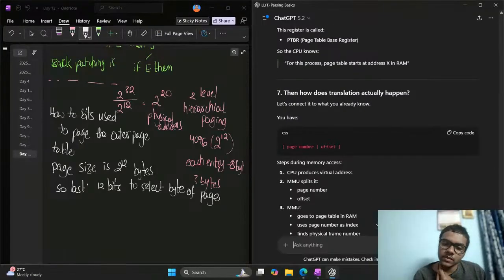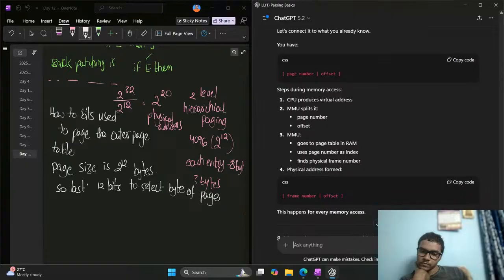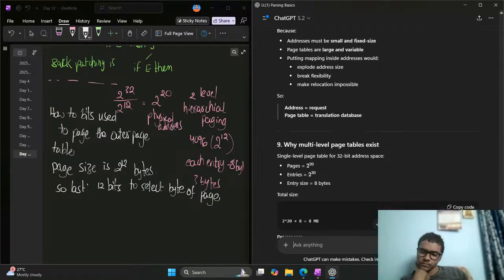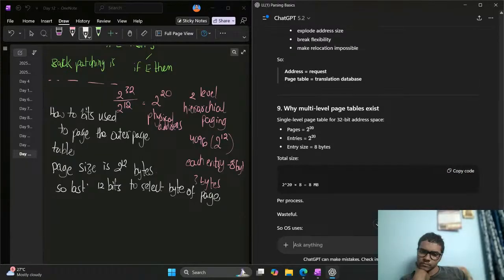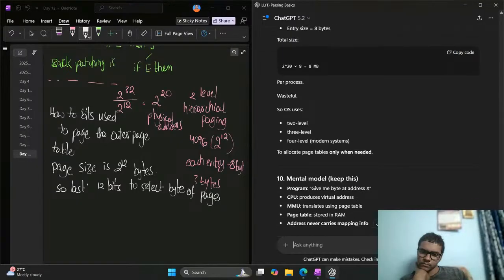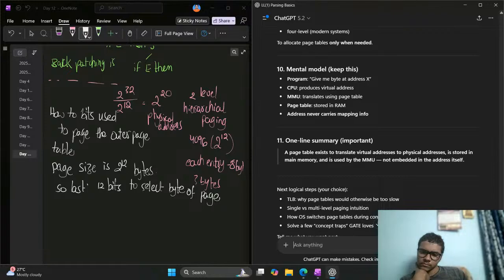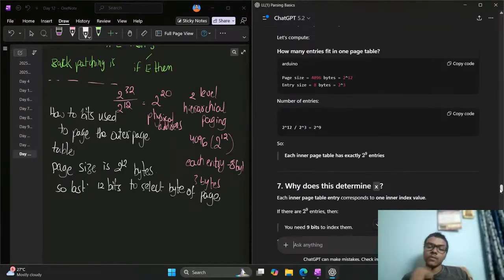Page number, offset. Okay, that makes sense.